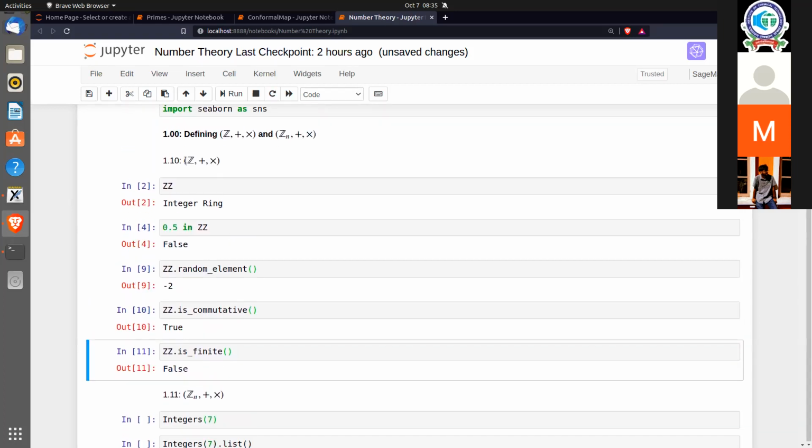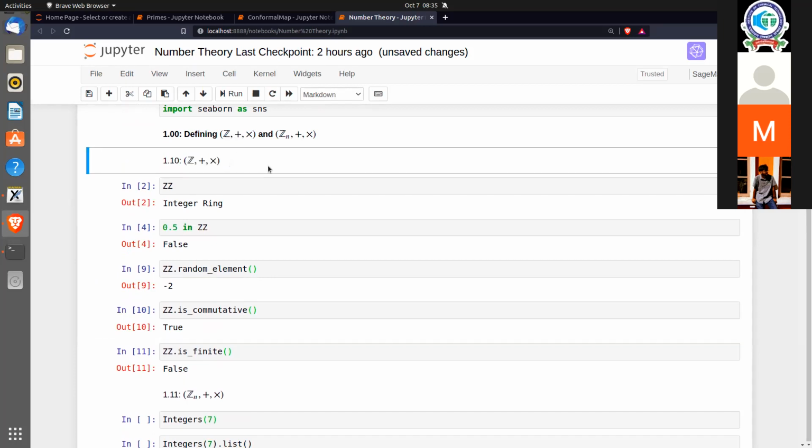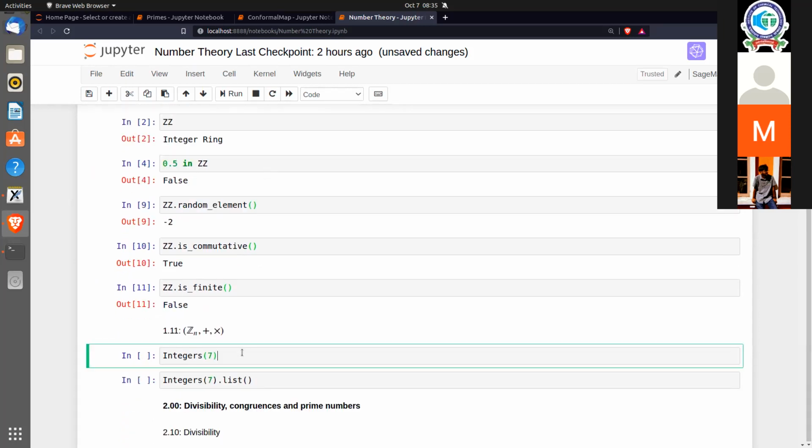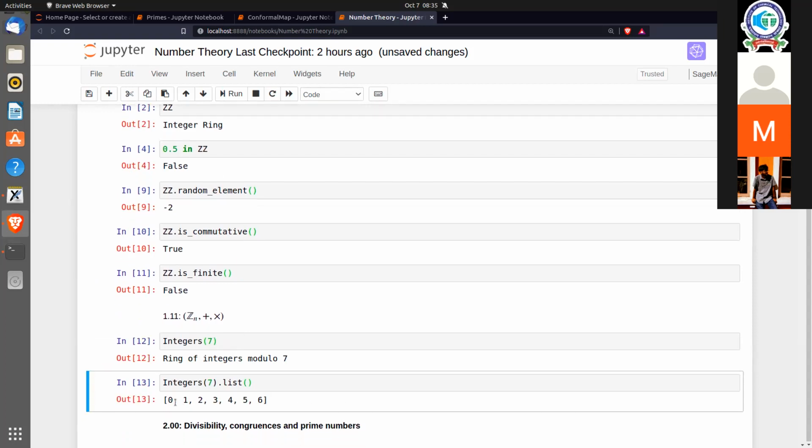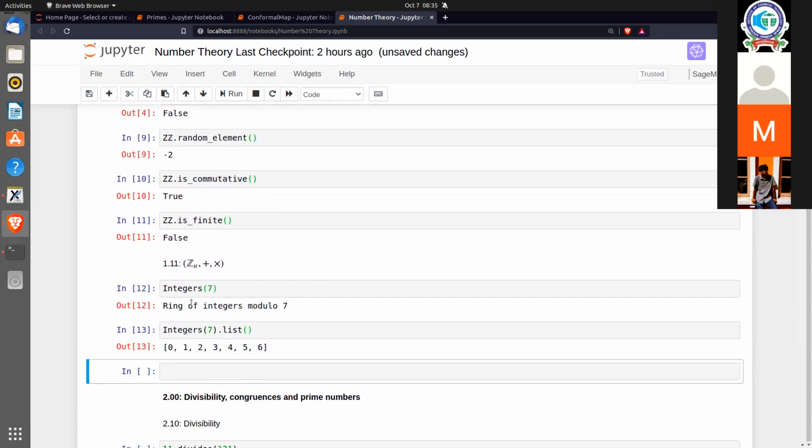Like this ring, we can also define what's called the ring of integers modulo n. If I list out the elements, it will give me 0, 1, 2, 3, 4, 5, 6, etc. In this case, we know that this set also forms a field, because for every nonzero element I can find an inverse.